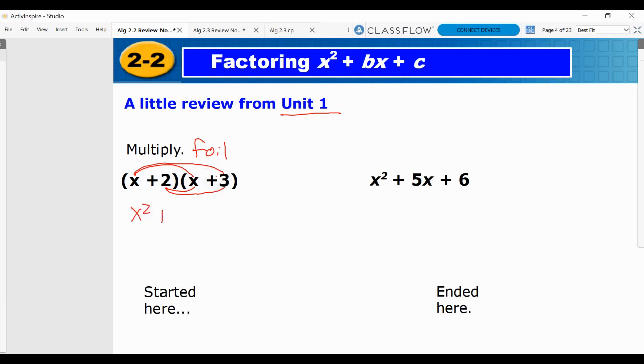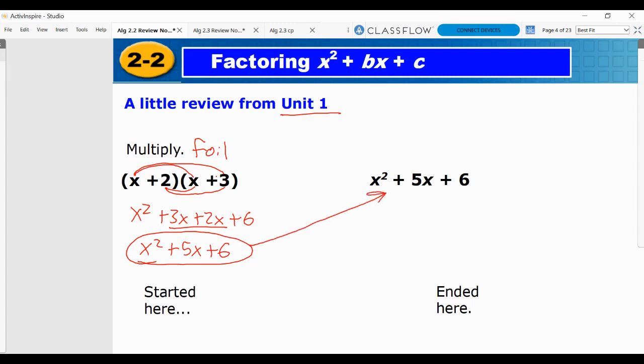X times positive 3 would be plus 3x. 2 times x would be plus 2x, and 2 times 3 would be plus 6. Then we could combine the like terms here in the middle, and we would get x squared plus 5x plus 6. And that would be our answer. That's what we did in Unit 1. We were given two binomials to multiply, and then we ended with the answer, which would be that right there.